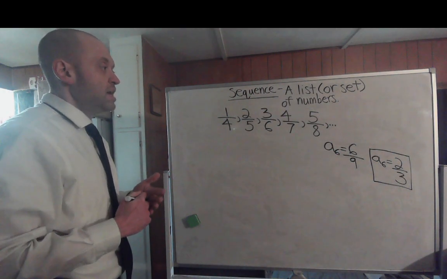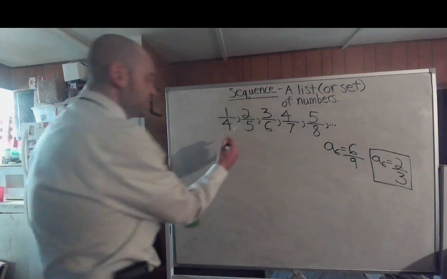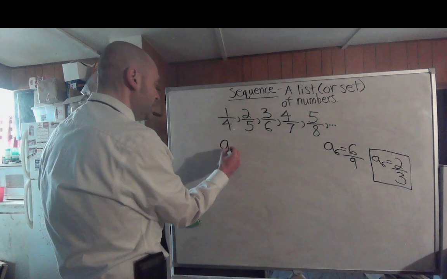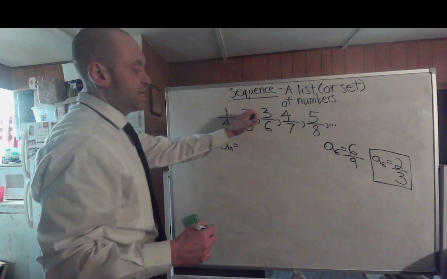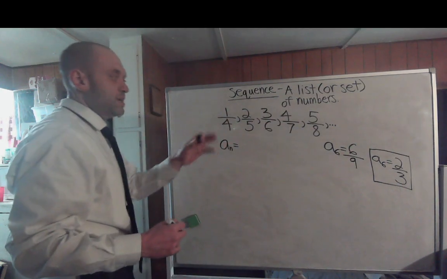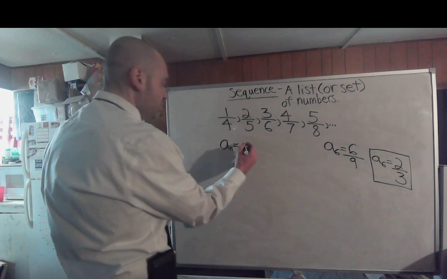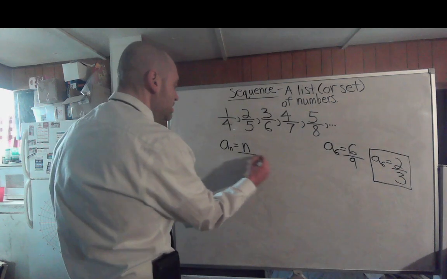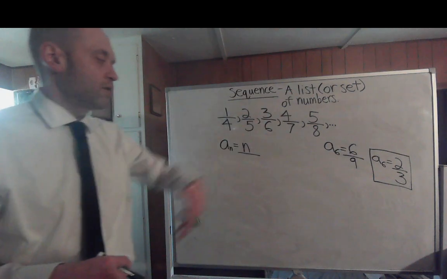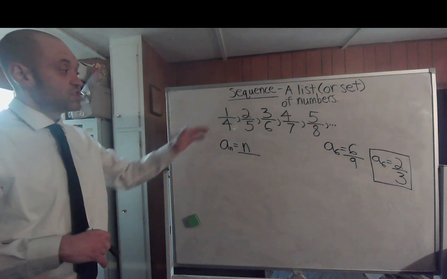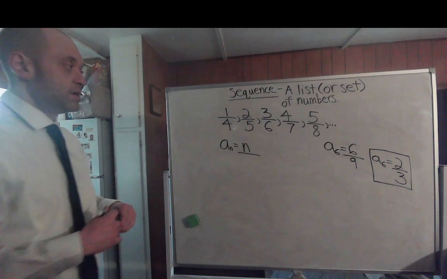Now, let's find the formula for the general nth term of the sequence. So that's going to be, again, a sub n would equal, well, your numerator keeps increasing by 1 number, and it starts at 1 for your first number, so that's just going to be n in your numerator. Just literally input n, you'll get your numerator. Now, it starts at 4 in the denominator, but still goes up by 1.